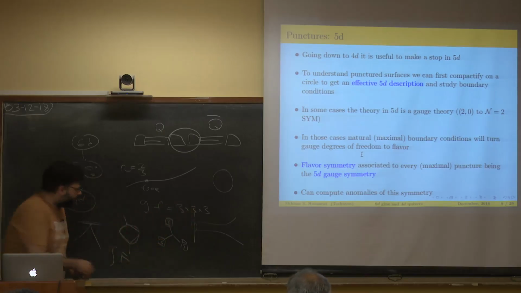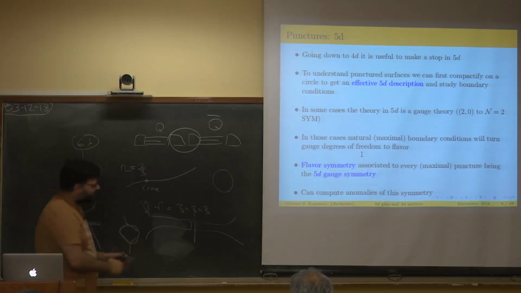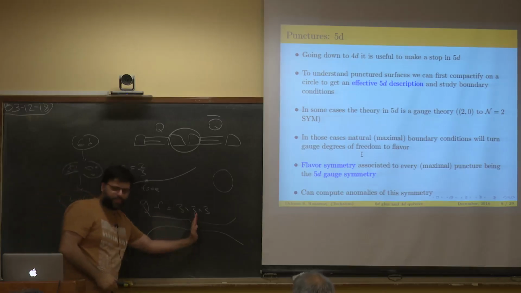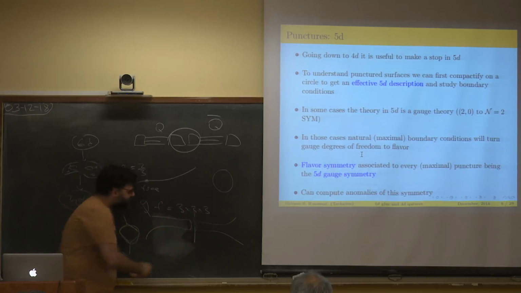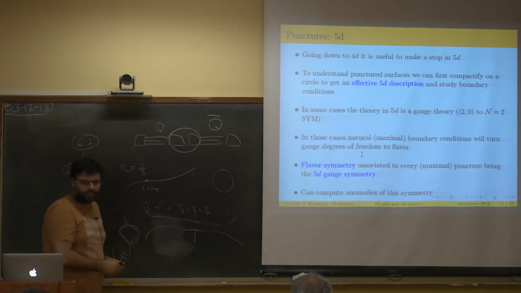And when you glue punctures together, when you geometrically undo this procedure of cutting the cylinder and inserting a boundary condition, with Dirichlet boundary conditions here, you just gauge the symmetry. You make this dynamical. You gauge the symmetry which you have frozen.